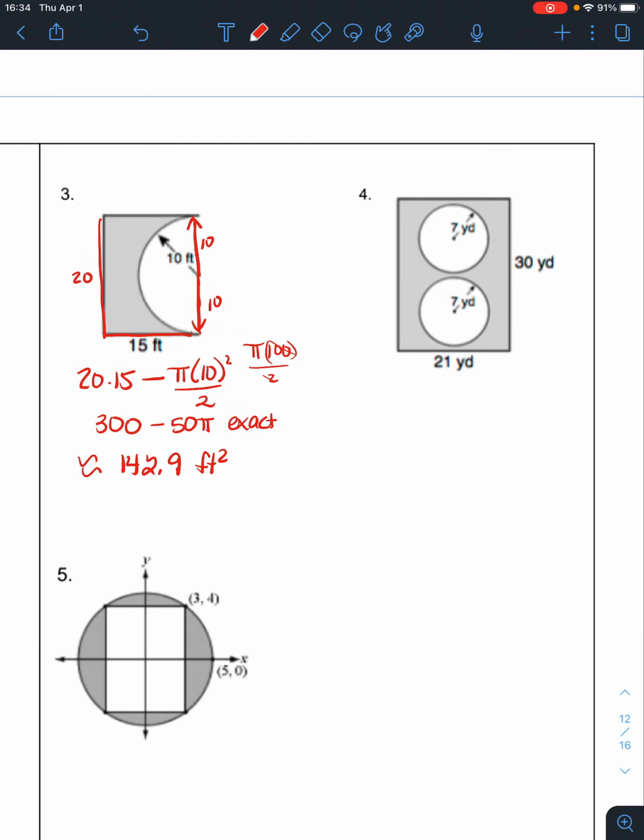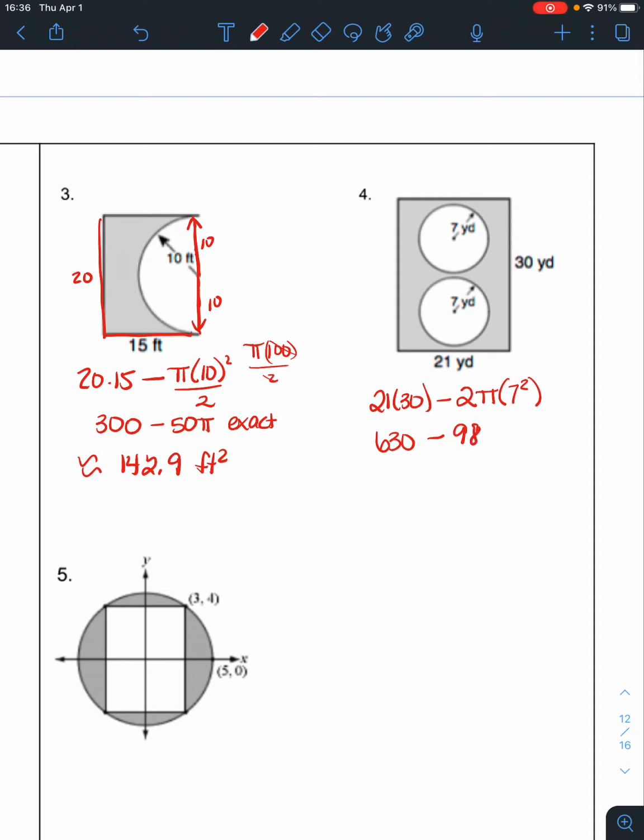Okay, so on 4, I have a big rectangle. That rectangle is base times height, so it's 21 times 30. So 21 times 30 is 630. And I'm going to subtract 2 circles. So I want to subtract 2 pi r squareds. And both of those circles are the same size.